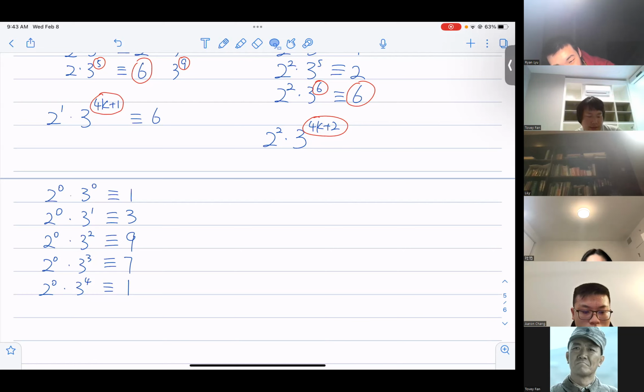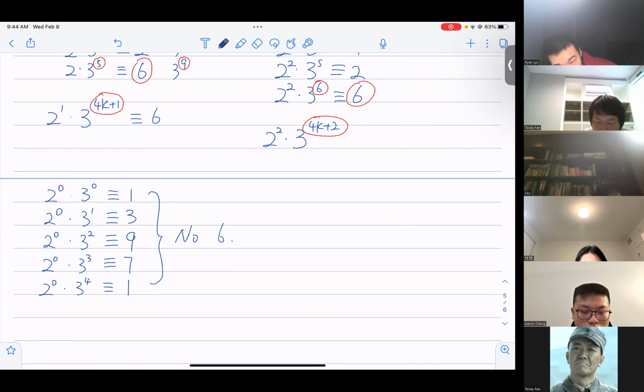So you will see that if you don't have any 2s, there's no 6 here. And that should make sense, because if you don't have any 2, that's not an even number. If you end with 6, that's an even number, right? So no 6 in this case. Does that make sense? That's why in this question, in A, B, C, D, they have ignored this case, because that's not an even number.